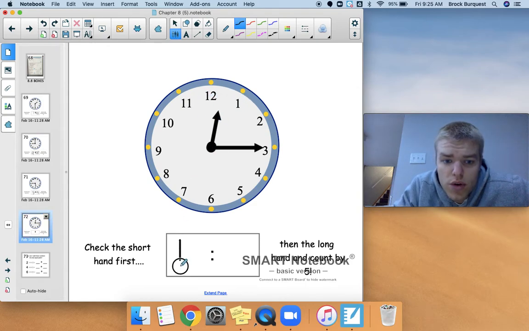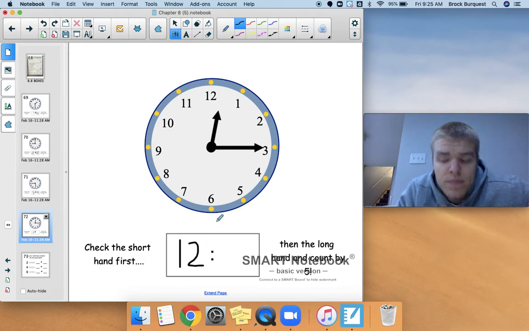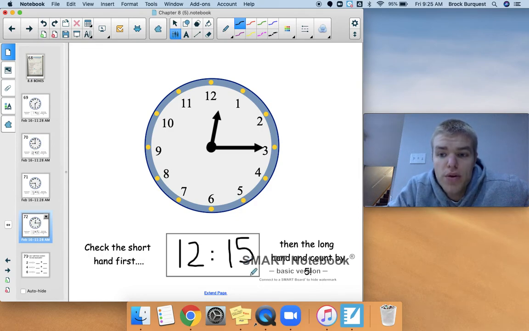So I know we're going to write 12. And what do you think this 3 would equal? We're going to count 5, 10, 15. So the time would be 12:15. Awesome. That's all that we're going to do with clocks today.